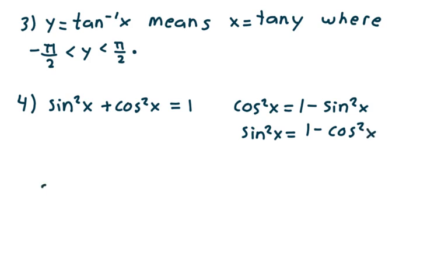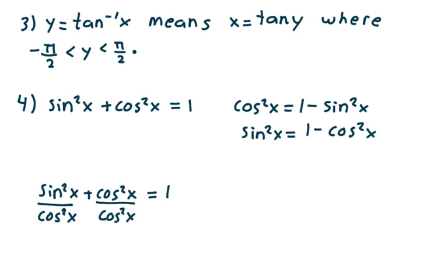Okay, now, let's start with sine squared x plus cosine squared x is equal to 1. I can divide both sides by cosine squared x. So I'm going to divide sine squared x by cosine squared x, divide cosine squared x by cosine squared x, and then divide 1 by cosine squared x.